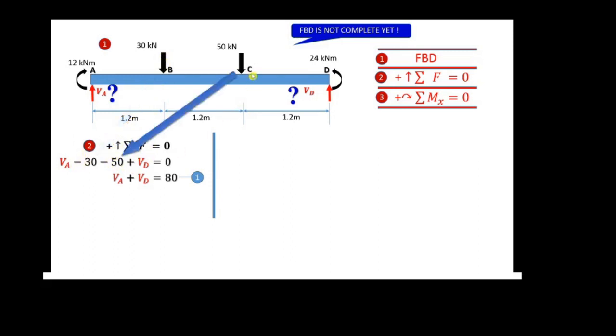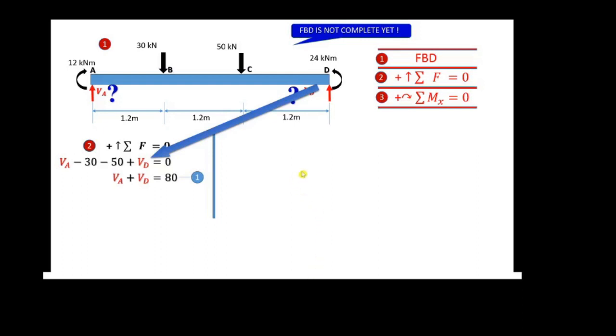The same condition here, downward direction, so you get negative. The last one is the VD. The VD here, we don't know, just put a VD here equal to 0. At the end of the equation here, you can get VA plus VD equal to 80. And this last, simplified equation, I named it as equation number 1.